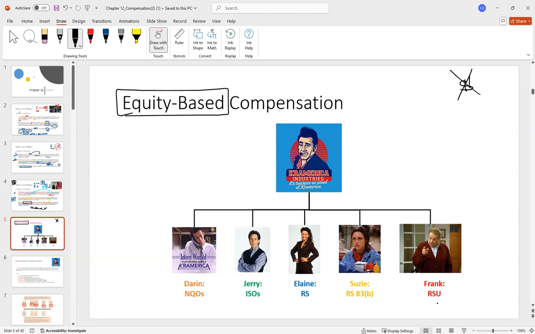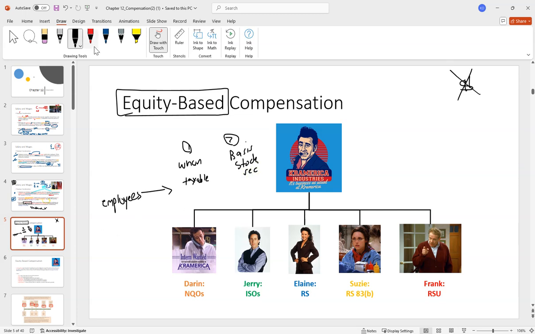For each of these, the thing you always have to remember from the employee's point of view is, one, when is it taxable, and two, what is their basis in the stock they receive.